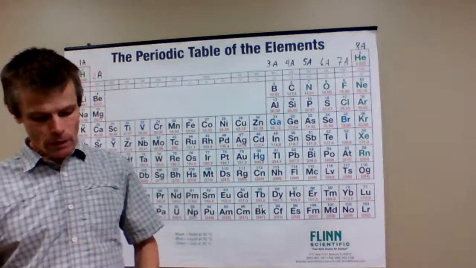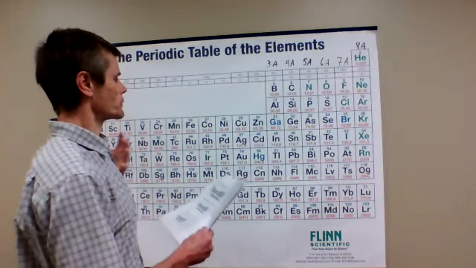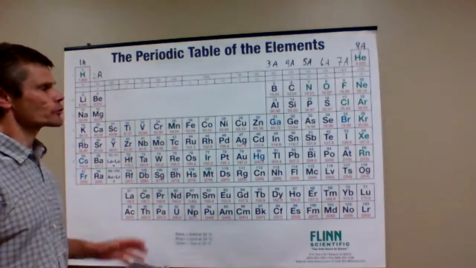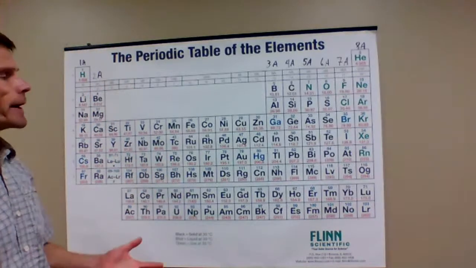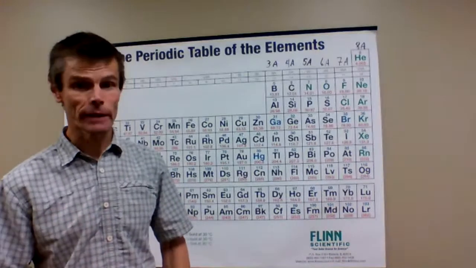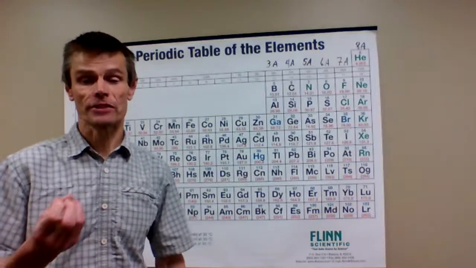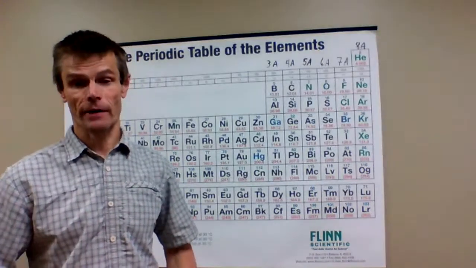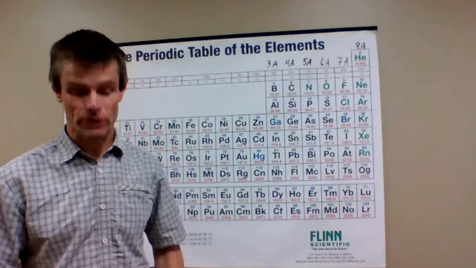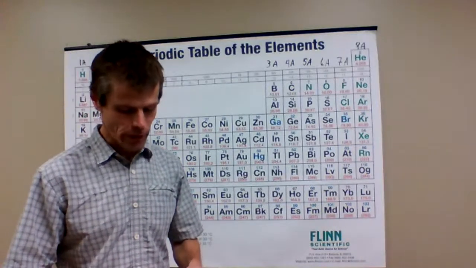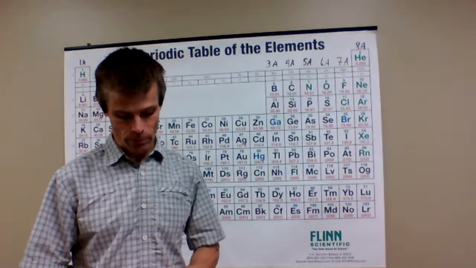So the first way we're going to treat the periodic table is we're going to learn how we classify elements very generally, and then we're going to get into the specifics of how we classify them by giving these groups particular names. And again, we're going to look at the main group elements.